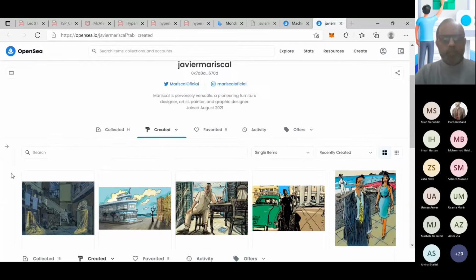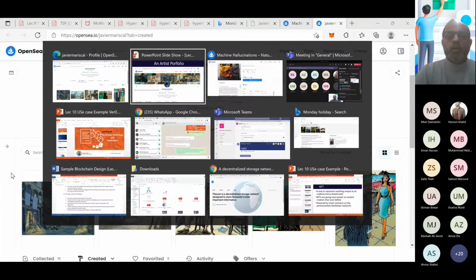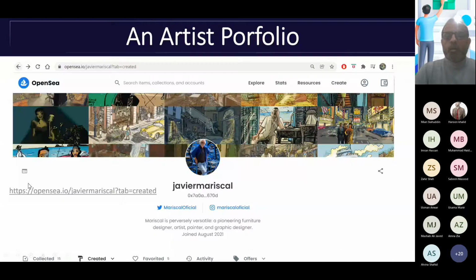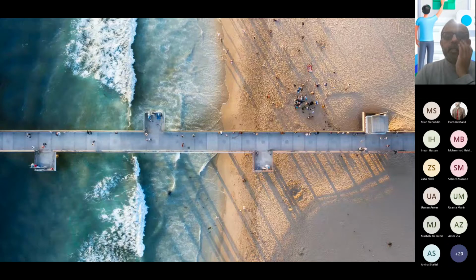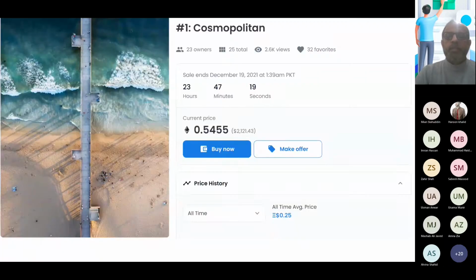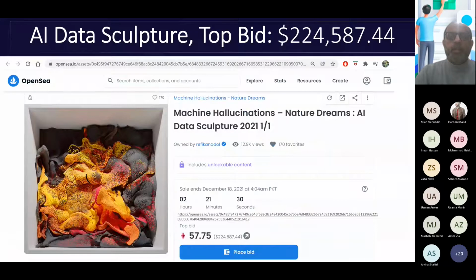This is about this artist, and this is what I just showed you, a photograph taken of a beach, and its name also reflects a cosmopolitan. And this is on sale.